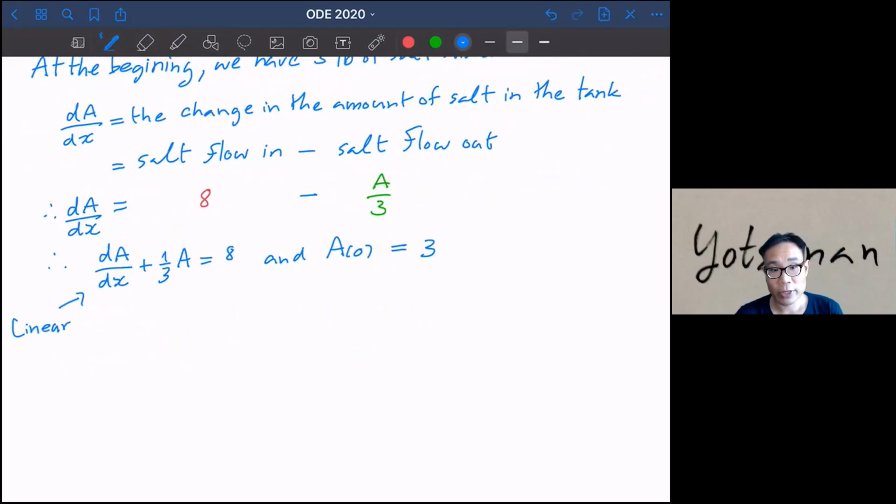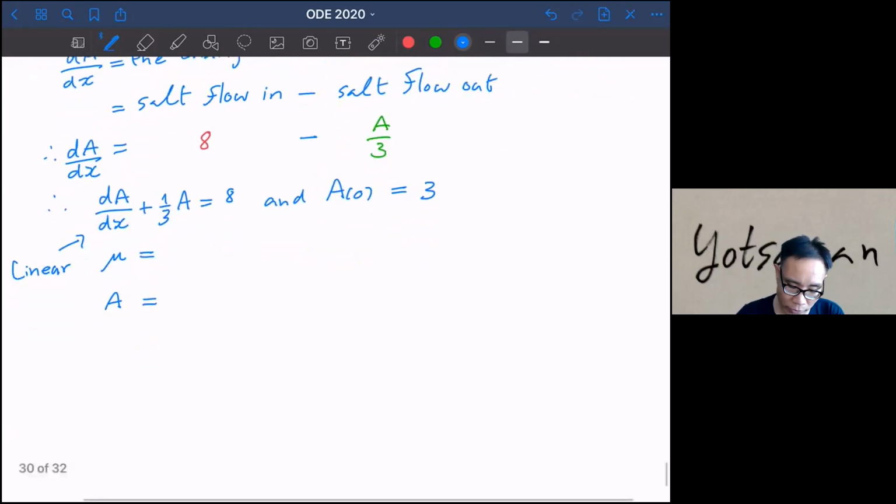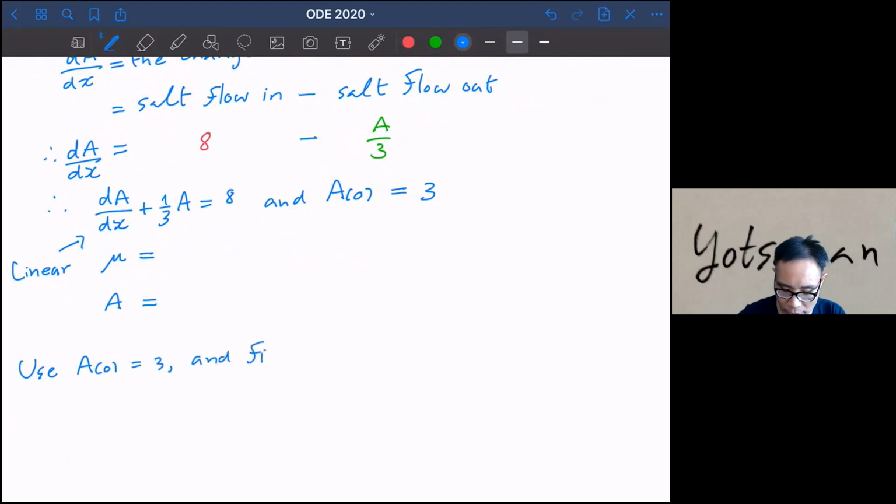So you're gonna just be able to solve this one by just using mu, and you have A, and after you have A, you use A(0) equal to 3 to solve for C, and that will give you the amount of salt in the tank.